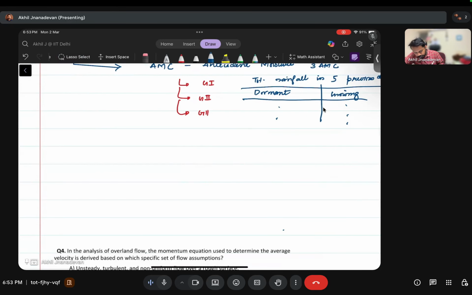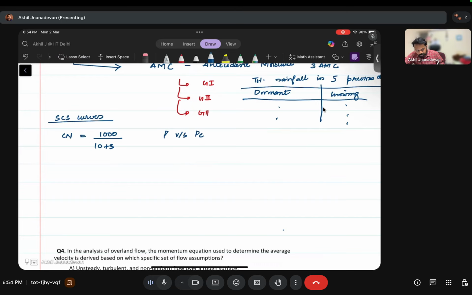Based on this, they have derived SCS curves, and there the CN is defined as 1000 over 10 plus S. We obtain the CN by plotting the graph between P versus PE.